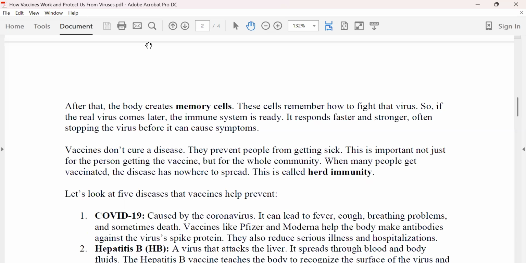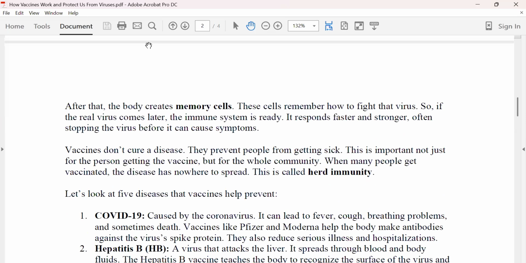So you know that vaccine doesn't cure the disease. Vaccine is not the medicine. It's just the virus itself, but not the whole virus, just the antigen that we already know, to let your body learn to fight and remember this kind of virus.